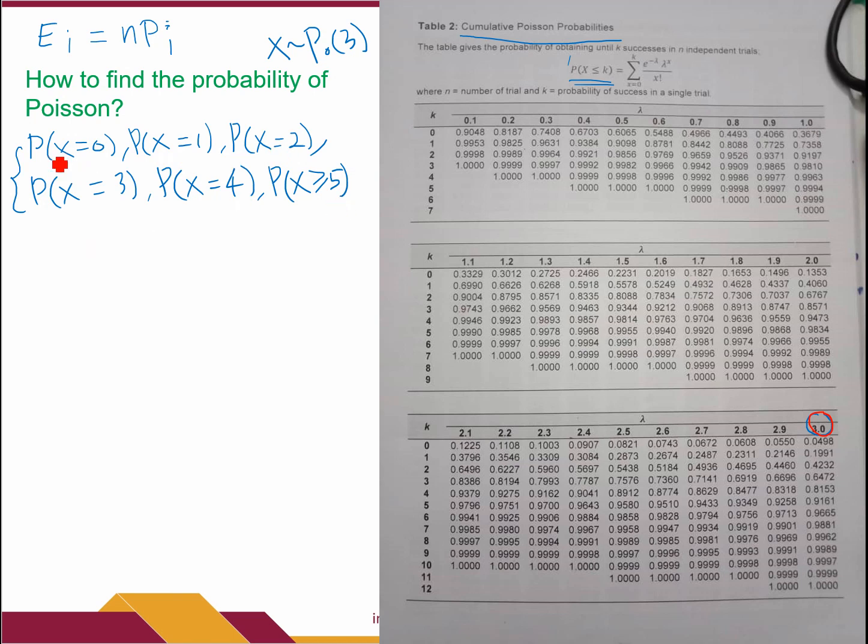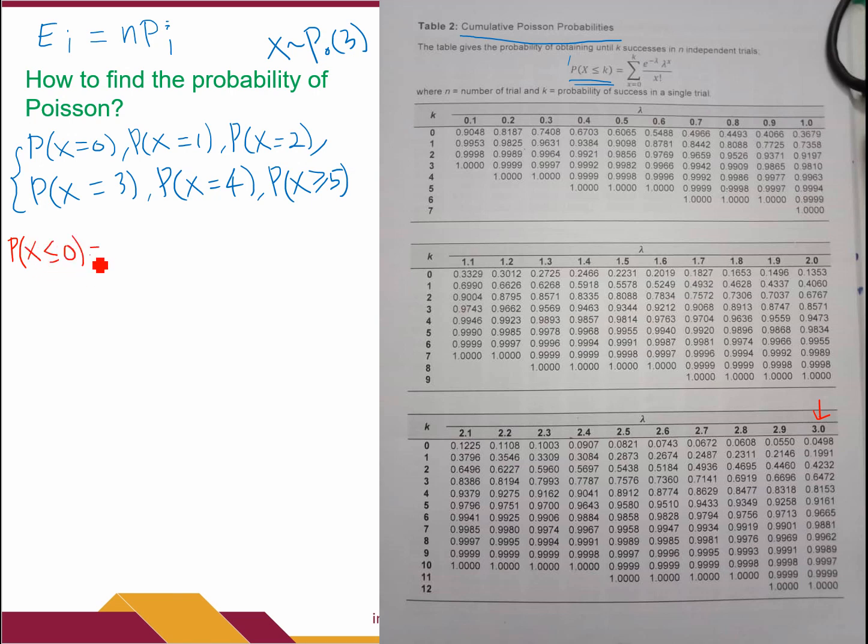So let's say we want to find the value of Px is equal to 0. So now let's look at your lambda is 3. We want to find Px is equal to 0, so now your k is equal to 0. However, this is for Px less and equal to 0.